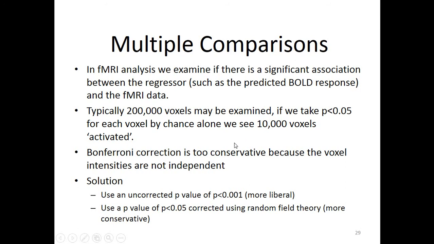In reality, because we smooth the image, there aren't really 200,000 independent tests. Adjacent voxels are highly correlated and not independent of each other, which is why we use Gaussian random field theory, because it uses that smoothness to tell us how many independent elements there really are in the map. And then we threshold the maps such that there's only a 5% chance of there being any false positives.